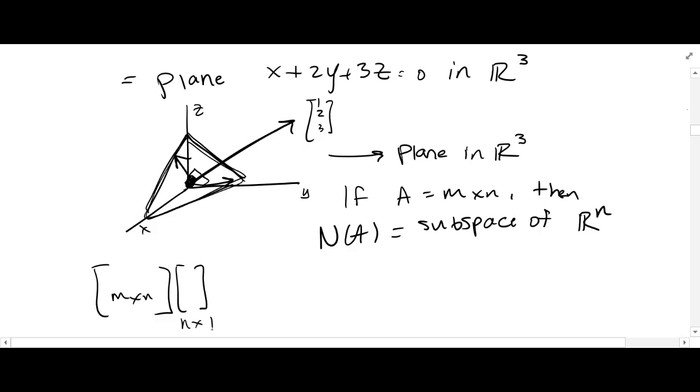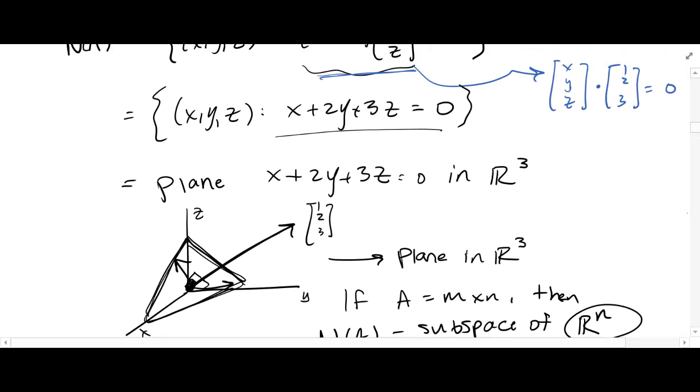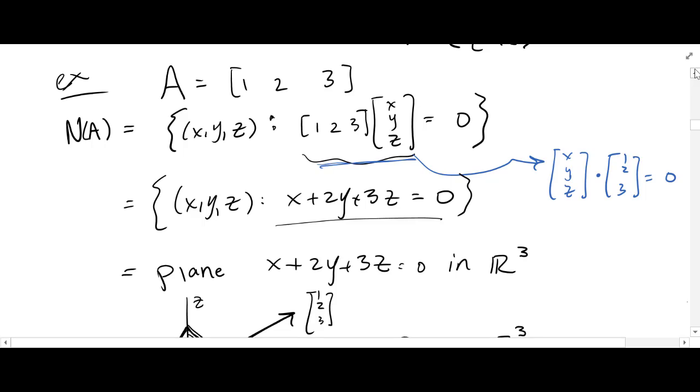So it needs to be in Rn. So like in this example, A was 1 by 3, so the null space was a subspace of R3.